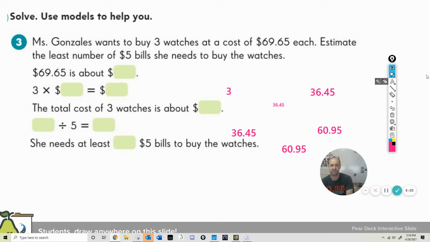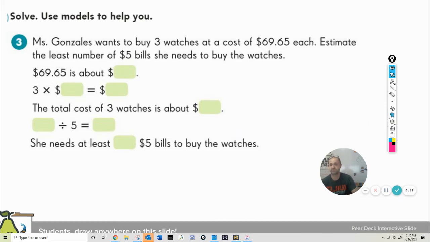Okay. Ms. Gonzalez wants to buy 3 watches at a cost of $69.90, $65 each. Estimate the least number of $5 bills she needs to buy the watches. Okay, so first of all, this is a poorly written problem. 69.65 is about $70. 3 times $70 is 210.